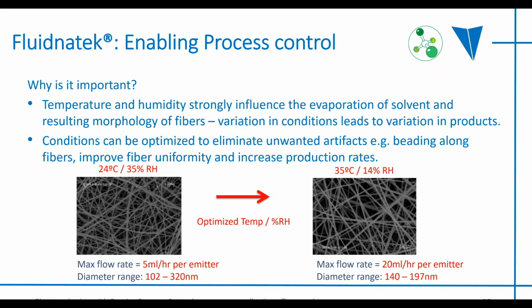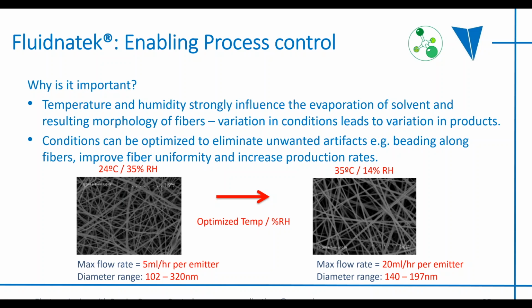So variations in the conditions in the chamber will lead to variations in the morphology of fibers, perhaps the diameters, and also in the formation of unwanted artifacts, such as beading along the fibers.